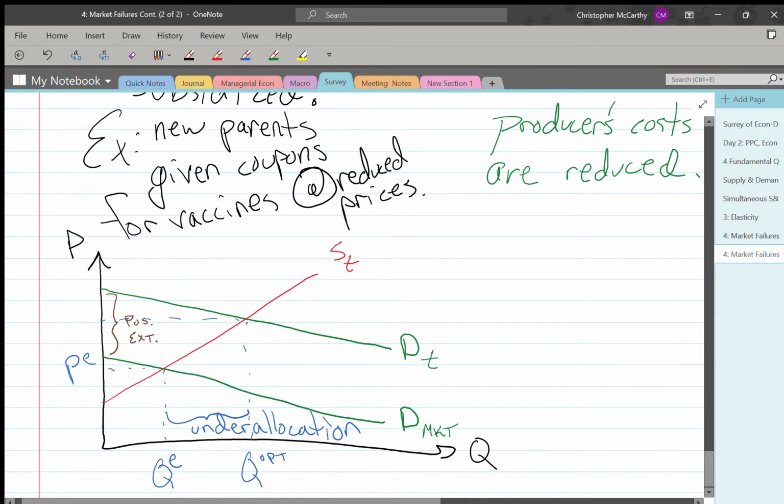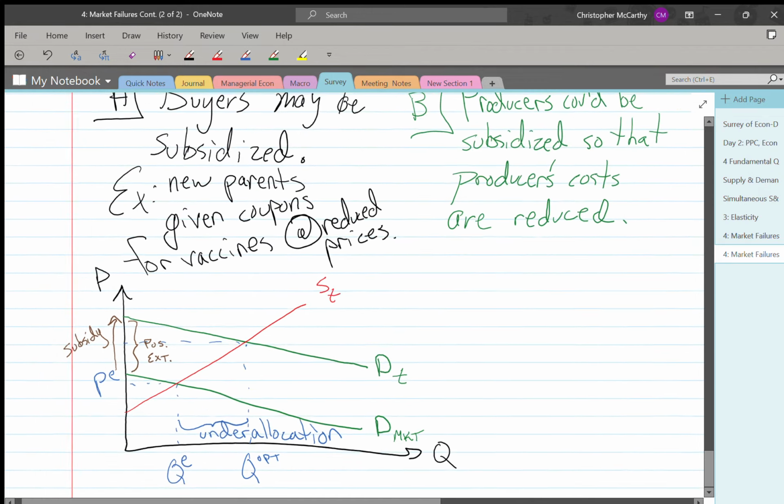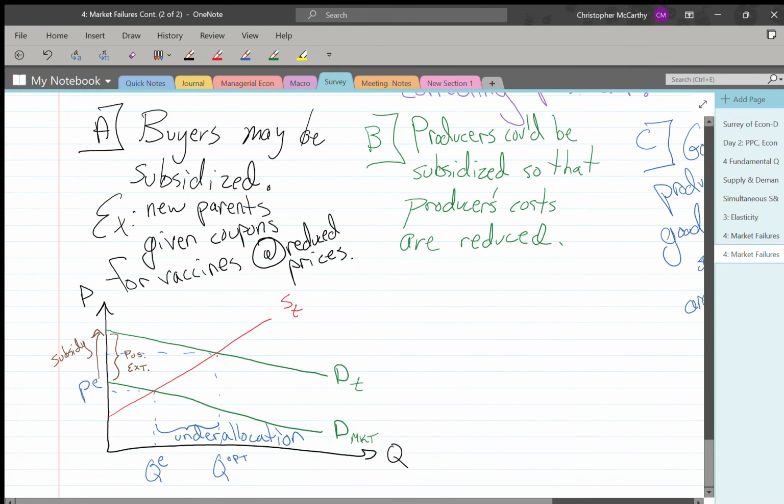And then we're going to essentially give away that much money whenever anybody buys this. We're going to give it directly to the consumer in the form of a rebate or something, or a tax write-off, right? And so that's how we're going to correct if we are correcting on the demand side where the buyers are subsidized.